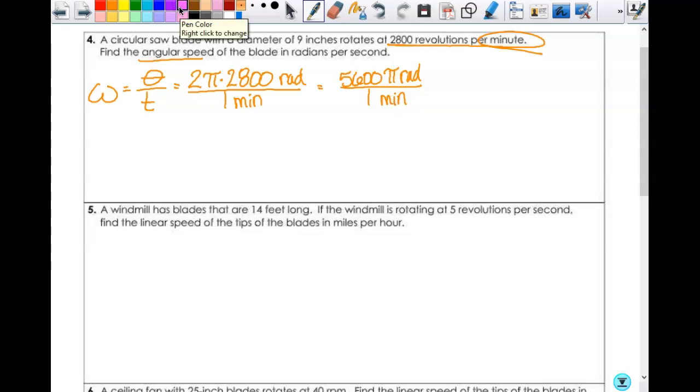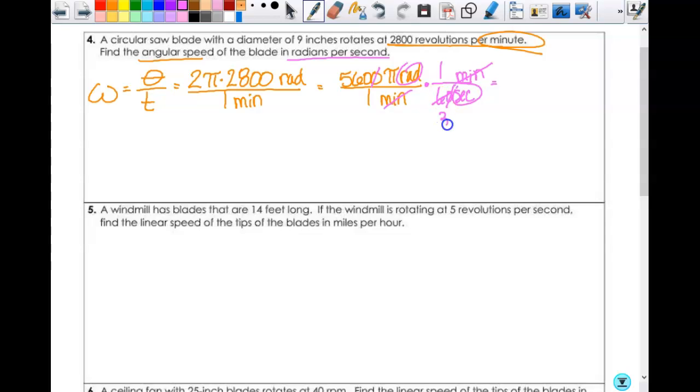And then this asks me for radians per second. So I'm good with my radians. I just got to convert my minutes. So where does the 60 go? The bottom. Because this has to be minutes. Boom. 1 minute, 60 seconds. So now I have radians per second. I can divide them both by 10 to knock out zeros. Then is 56 divisible by 3? No, so then it's not evenly divisible by 6, which means all I can do is divide it in half.